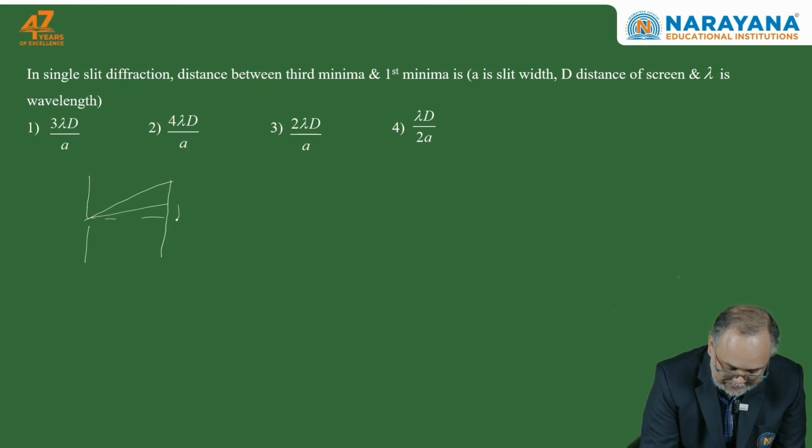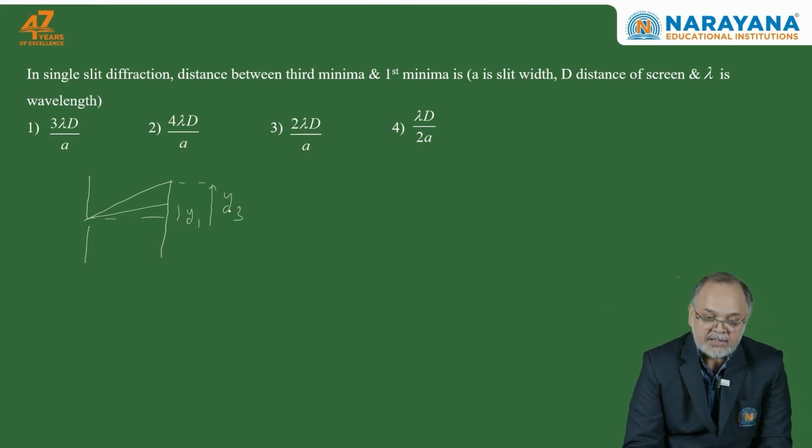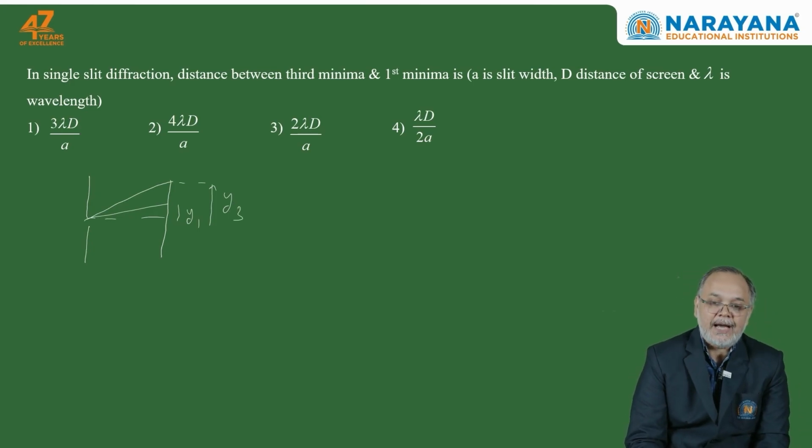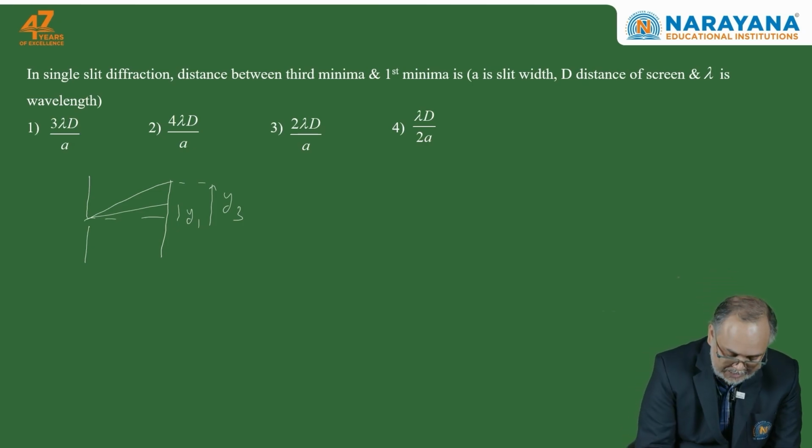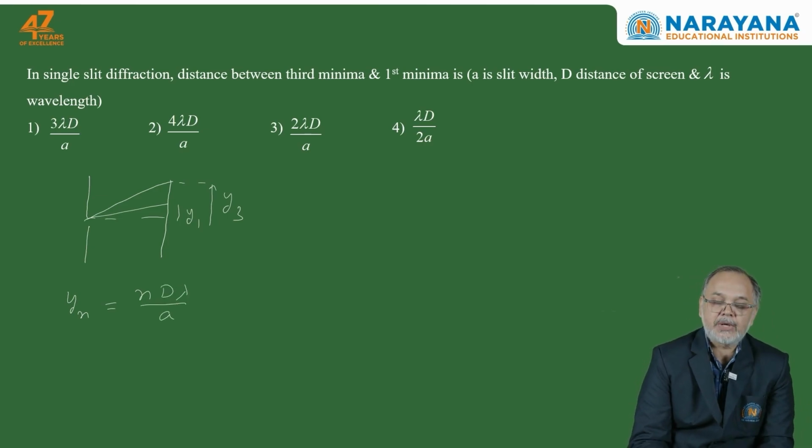From here, let us say these two positions are y1 and y3, the positions of the first and third minima on the screen. For minima in general, we can write yn equal to n D lambda by A. That is the location of the nth minima on the screen.